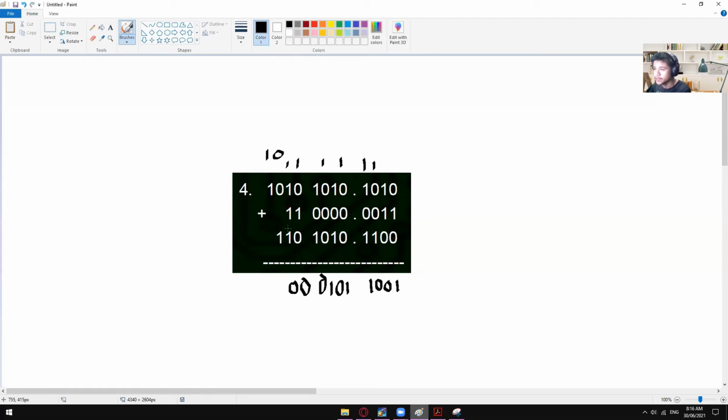So 0 plus 1 is 1, and then 1 plus 1 is 10. Carry 1, bring down 0, and then bring down that carry. For the decimal, it's still right here. After this, you're going to group the bits by 4 for a better representation of your answer.